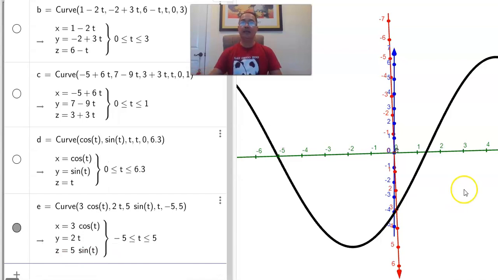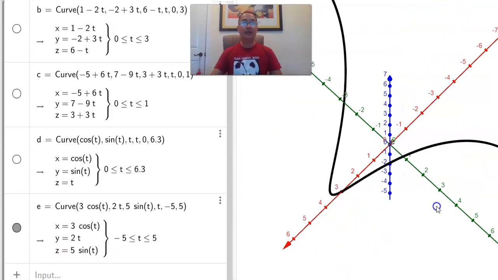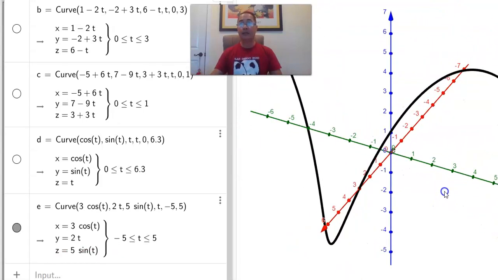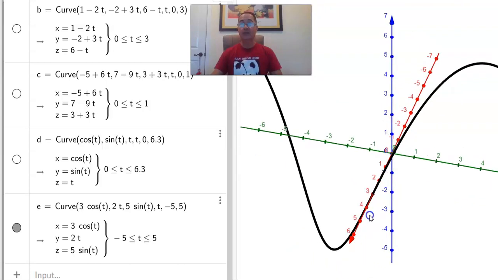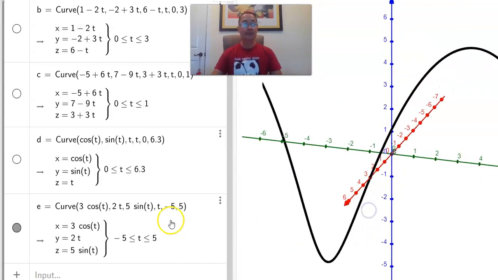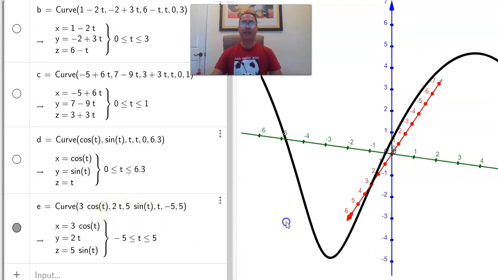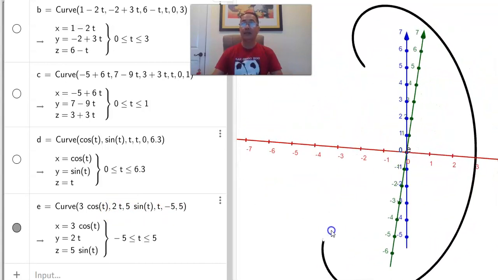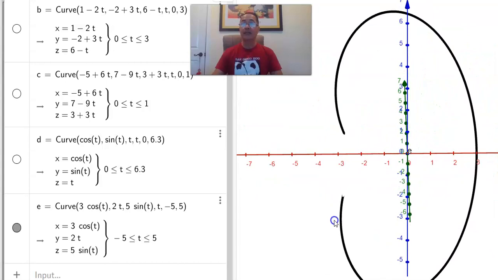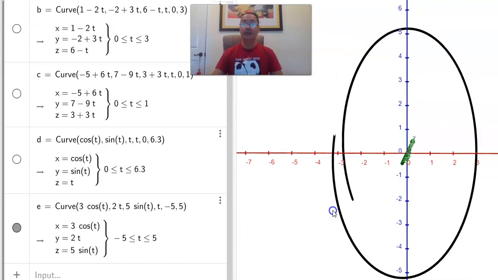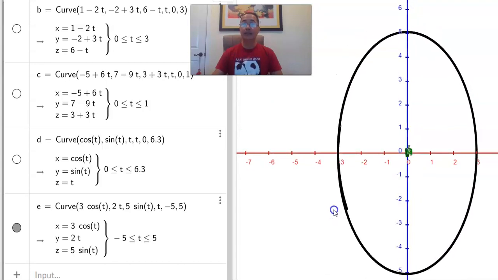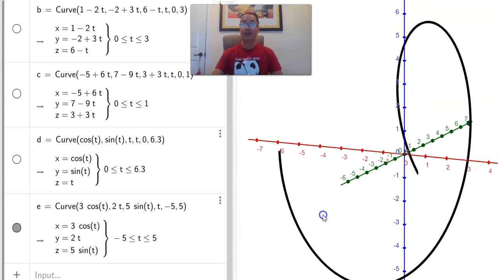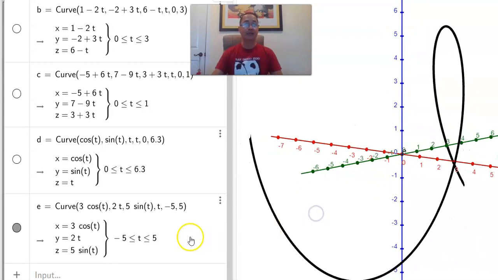So we now have a helix which is winding around the y-axis, because that is where we have our linear term, 2t. Of course, if we look at the side view, we see what looks like an ellipse. Hence an elliptic helix.